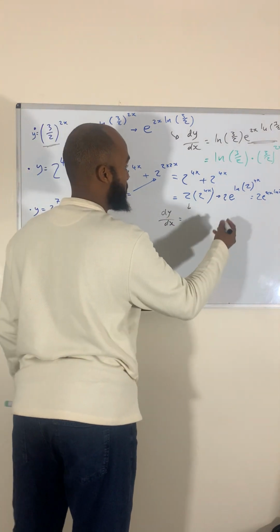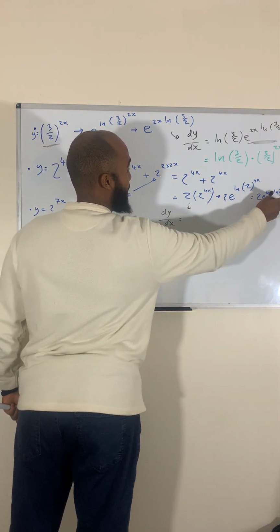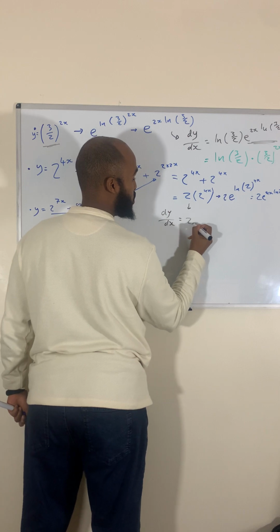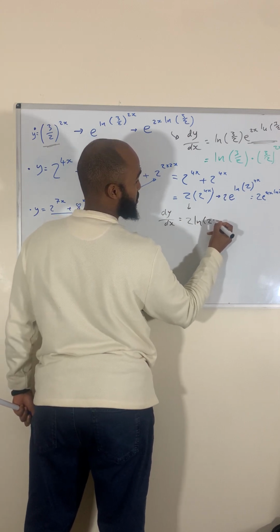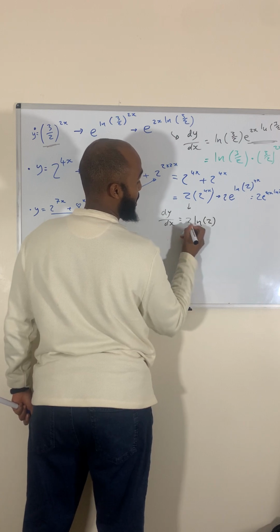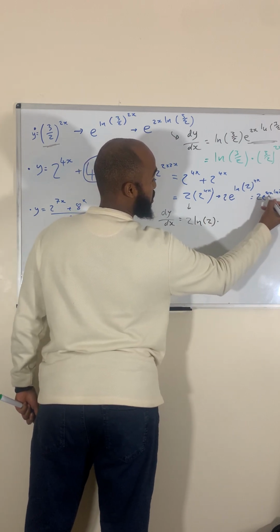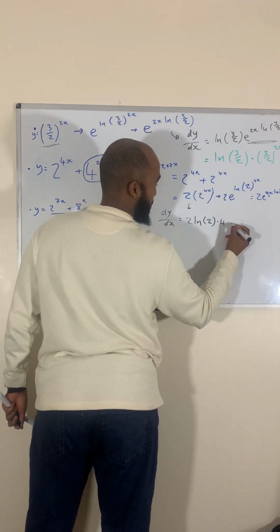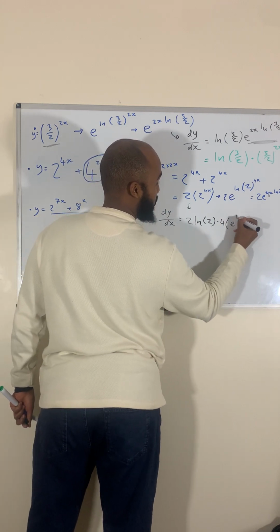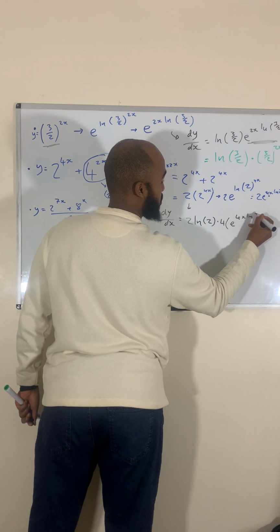From there, what are we going to do? Now I can differentiate. So I'm going to bring the ln 2 to the front. So we've got 2 ln 2, and also the 4 as well, because the 4 is multiplication. All of this stuff, e to the 4x ln 2.